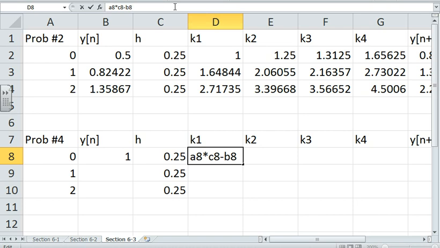And I didn't put an equal sign in again. Okay, so I got that one.